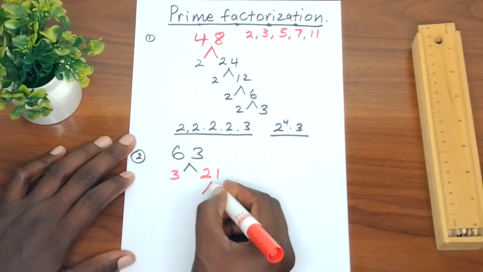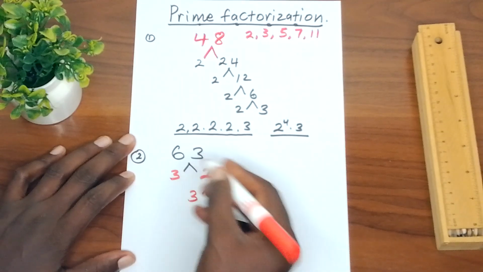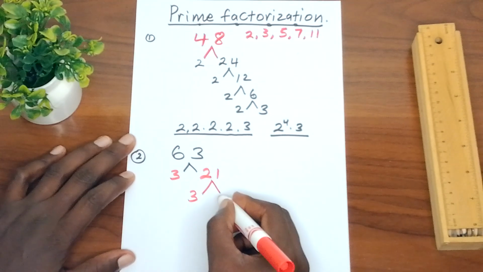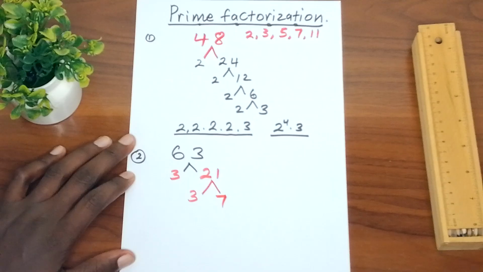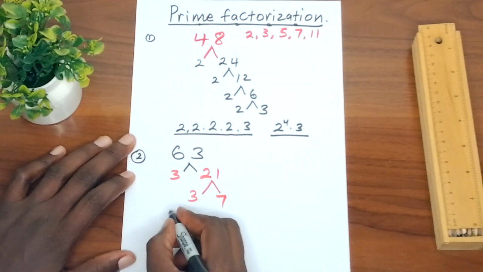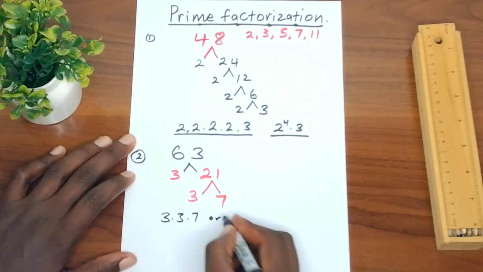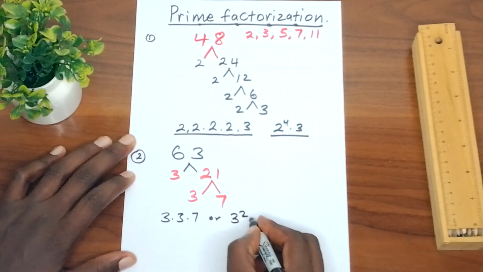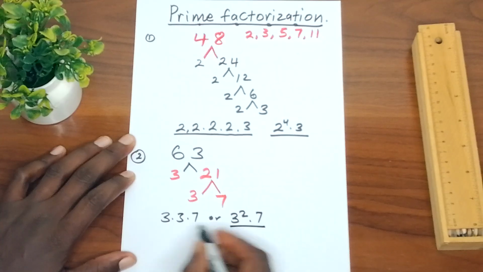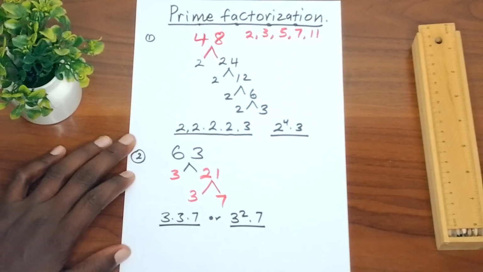So we continue with 3 because 21 is in the multiples of 3, 7 times. Now these are our factors. We can list them in the way we want, 3, 3, then 7, or we can write 3 power 2 and 7. All these ways work. It depends on the question that you are answering.